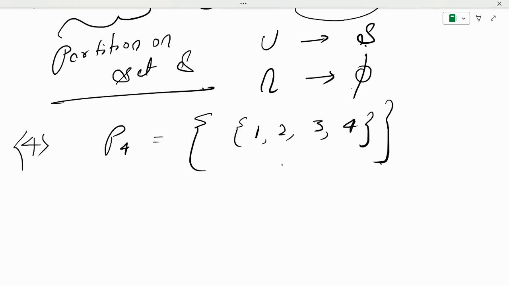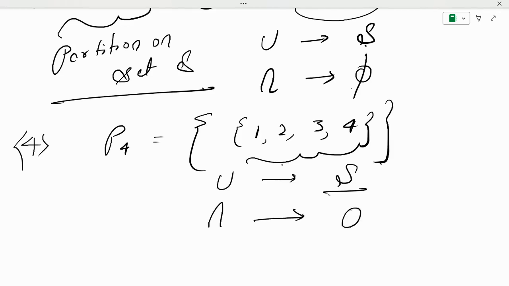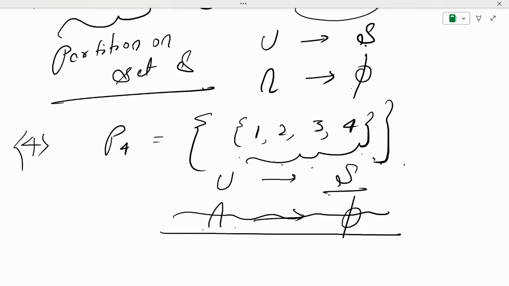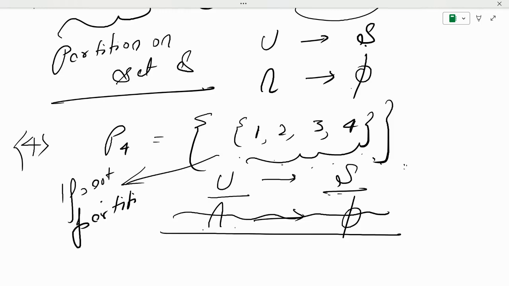If we take the union for this subset, obviously we get the set S, and for the intersection we get phi, because there is only one subset; they are not two separate subsets here. So this is also satisfied, but it is called a one-part partition. All these are examples of partition.